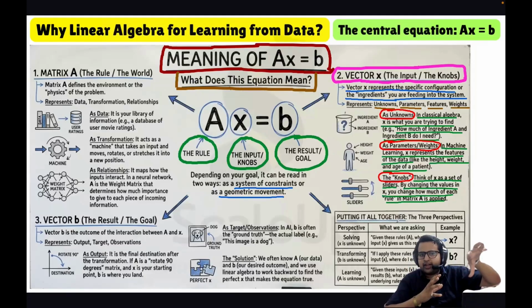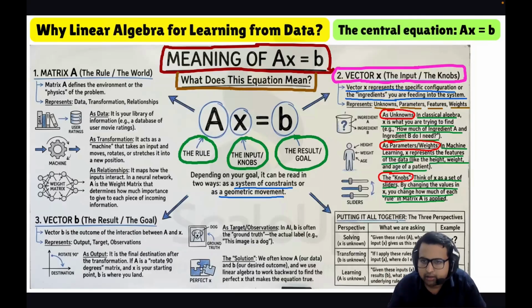Let us suppose A is a library of information. By changing the values in x, you can change how much of each rule in matrix A is applied. So this is the importance of vector x.